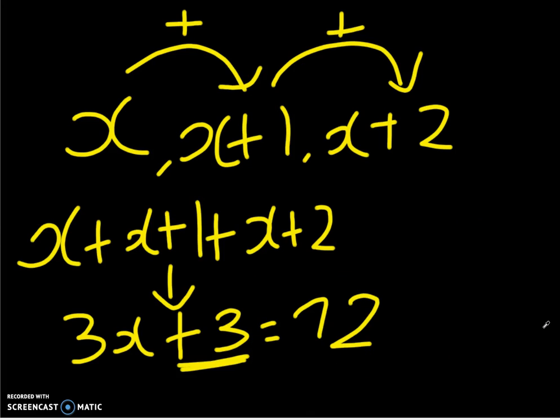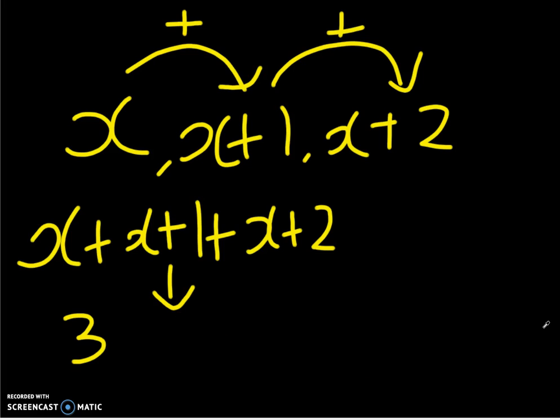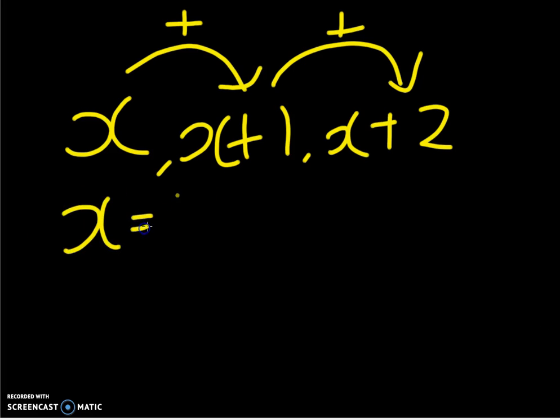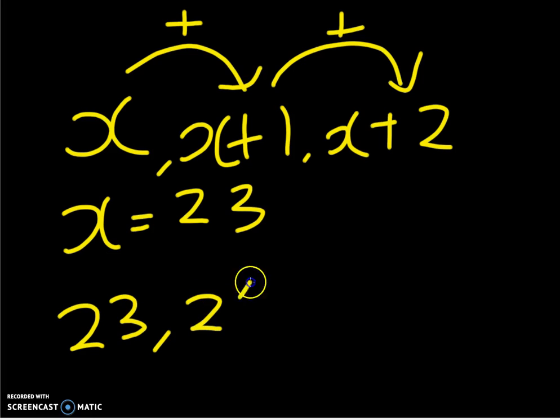Once we know that, we can substitute it back inside our three numbers, because we already know x equals 23. First number, as usual, is 23 because it's just x. Second number, 23 plus 1, 24. And third number, 23 plus 2, 25.